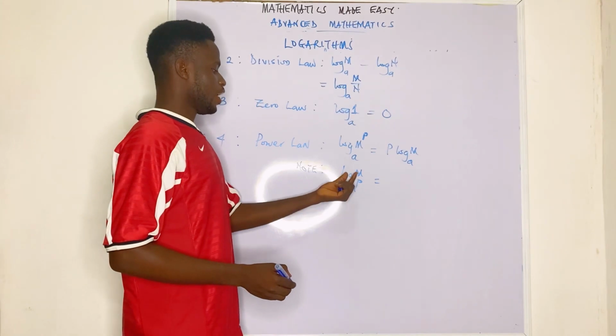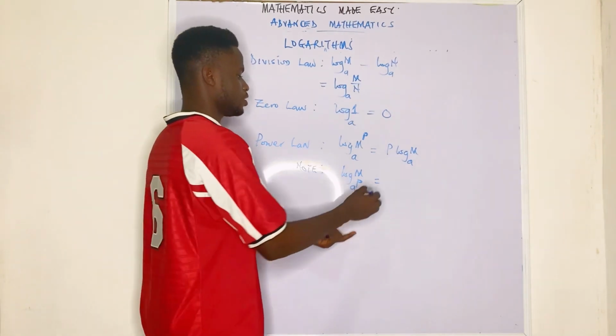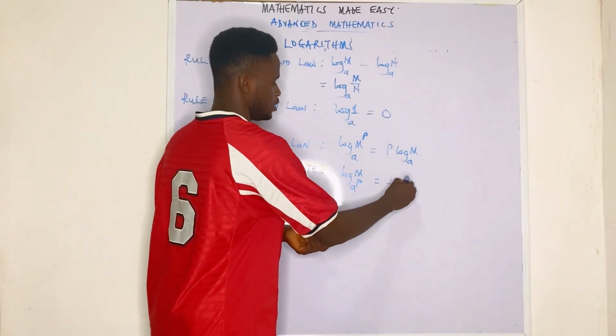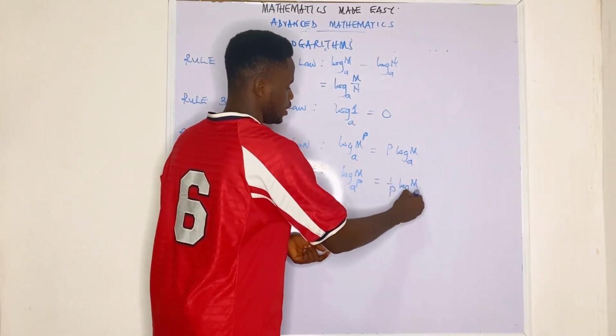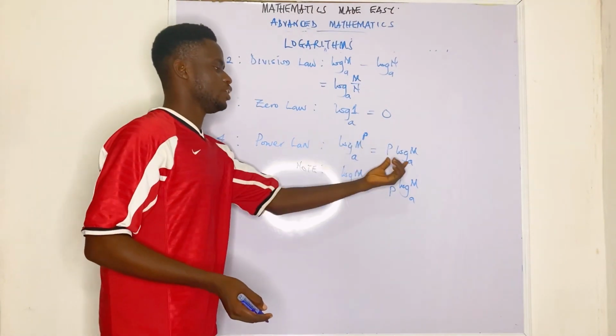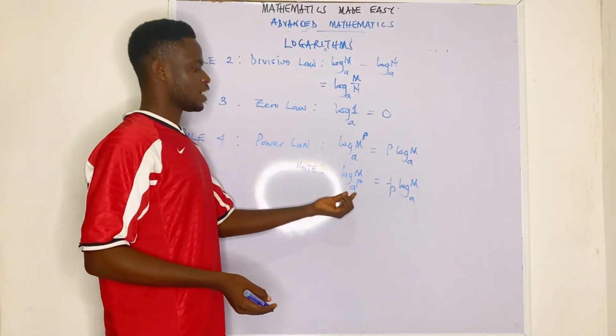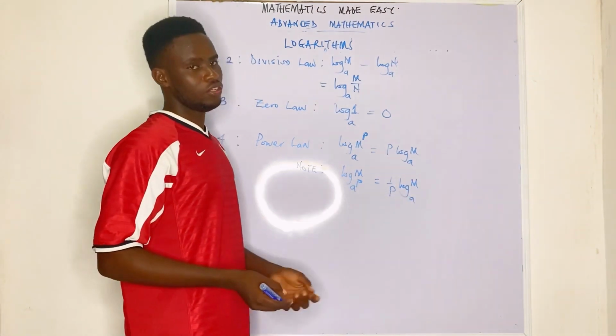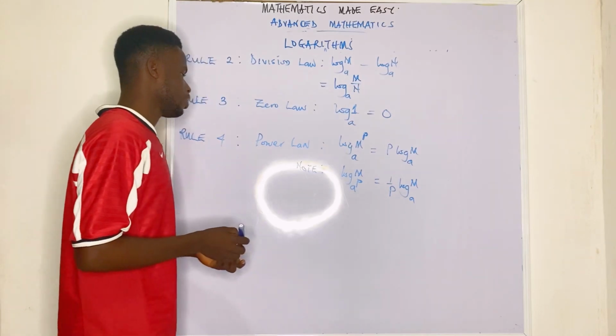Like log m base a raised to power p now will simply give us the inverse of p, which is 1 over p, multiplied by the logarithm, that is log m base a. So if it is the number that carries the power, simply use the power to multiply the logarithm. But if it is the base that carries the power, use the inverse of the power of the base to multiply the logarithm. As simple as that.